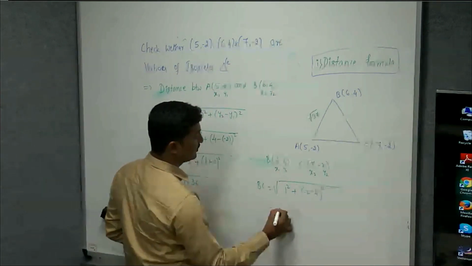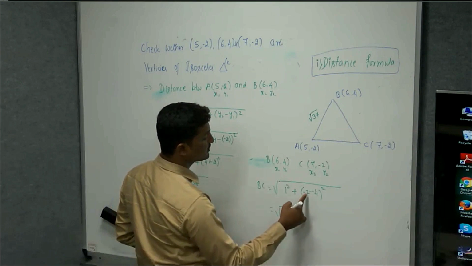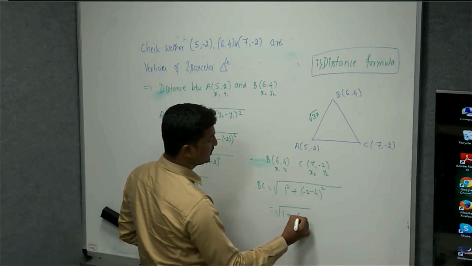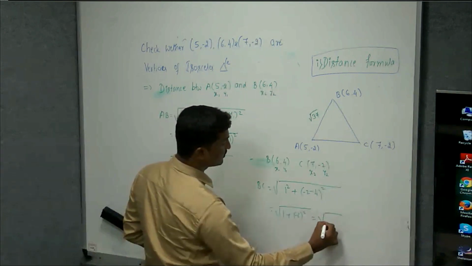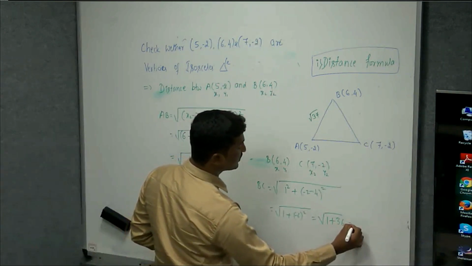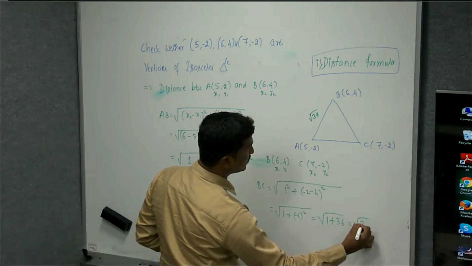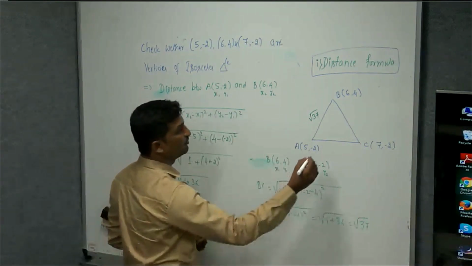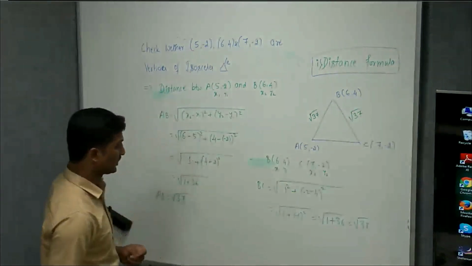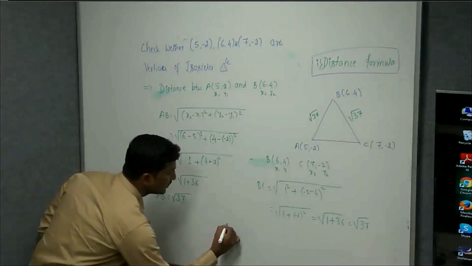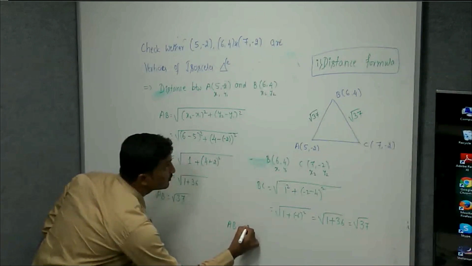So that will be equal to the square root of 1 plus (minus 6) square. The square of a negative number will be positive. That is 1 plus 36, that is root 37. The length of BC is root 37. From this we can come to the conclusion that AB is equal to BC.